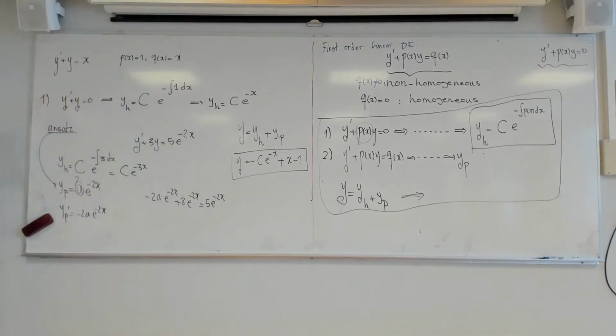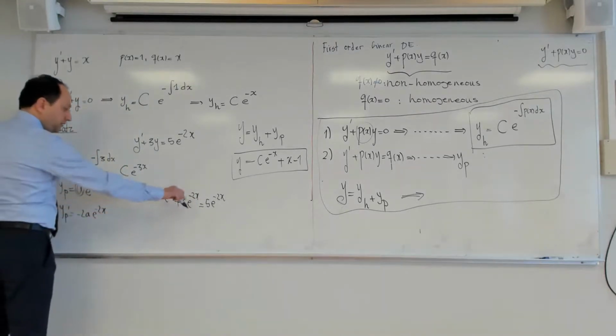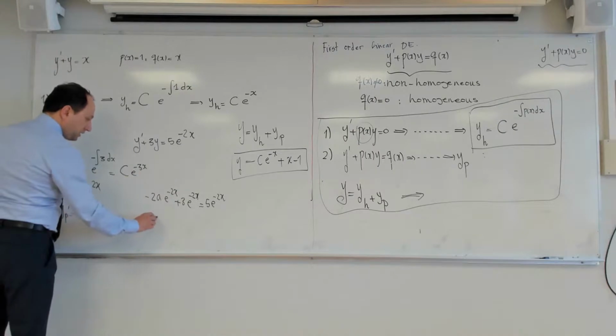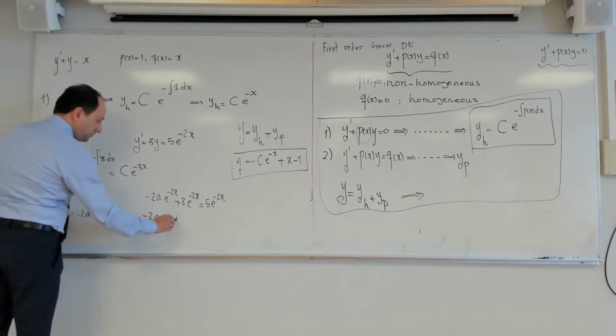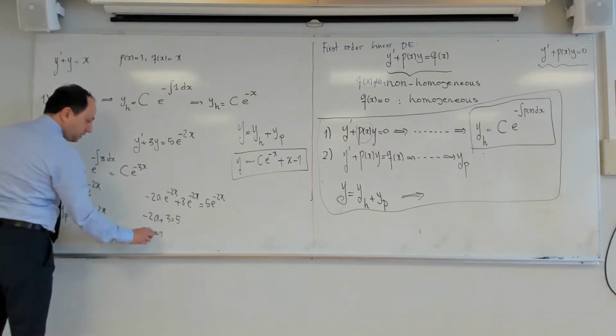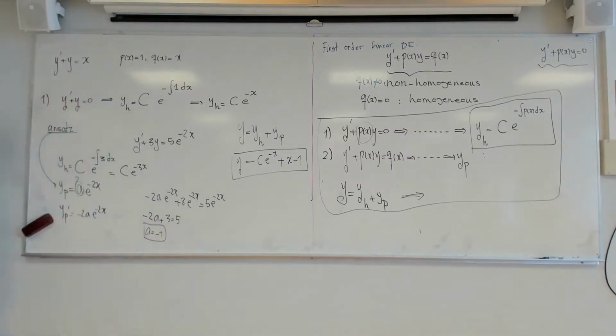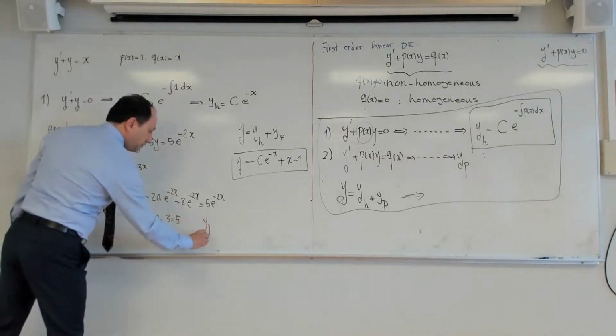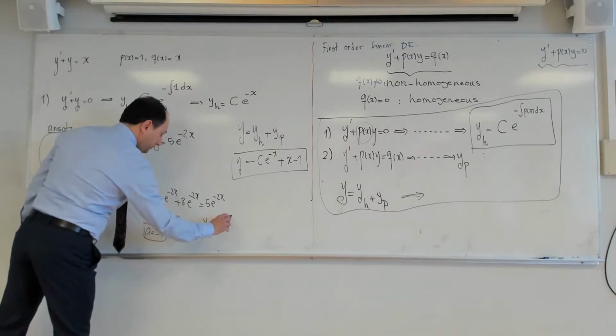Agree? Then I divide everything by e to the power -2x. So it becomes -2a plus 3a is equal to 5. I move 3 to the left, and I calculate a, finally. It becomes -1. And then I am done because I put it back here, and then I find my yp. yp is minus e to the power minus 2x.